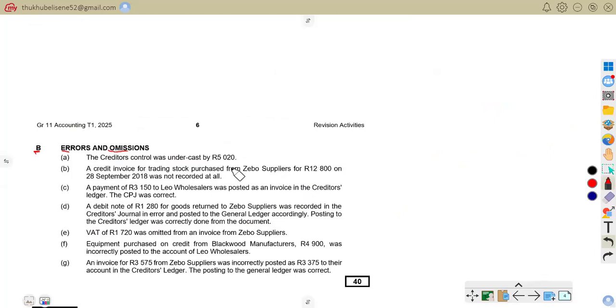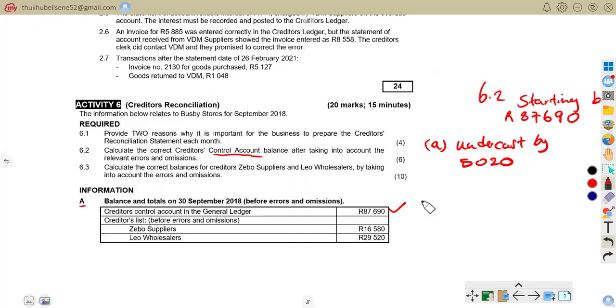This is the information: the creditors control was undercast by this much, 5,020. So we are going to say undercast by 5,020, and we are to increase that. If it was undercast, we are increasing it by 5,020.